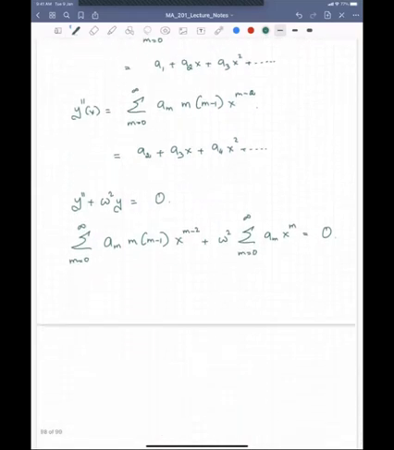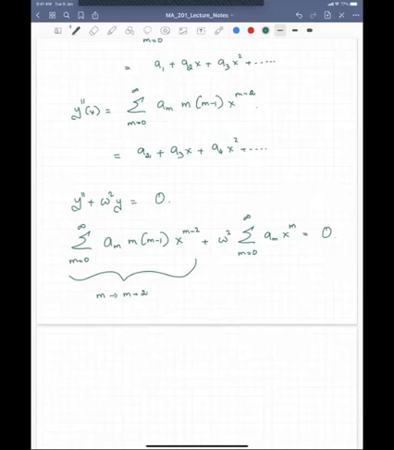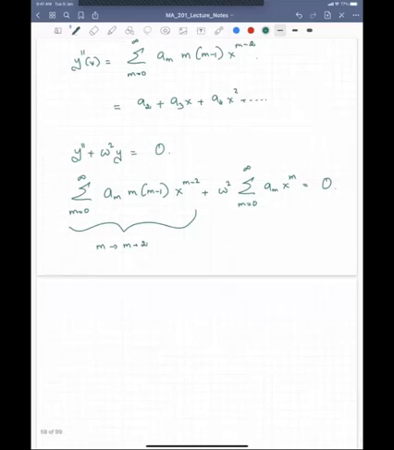So an easy way to deal with this in this shorthand notation is to look at this first term. Since this is an infinite series after all, I can make any substitutions in m. So I will make the substitution m goes to m plus 2. What do I get?